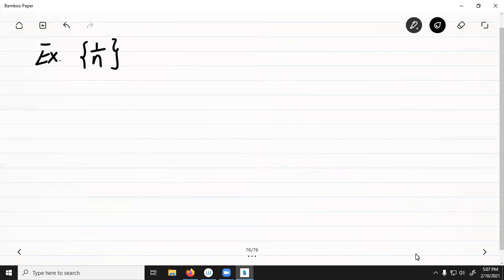So here, what is f of n? f maps n to 1 over n.